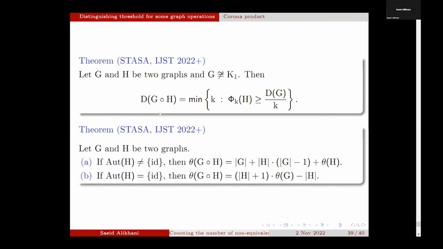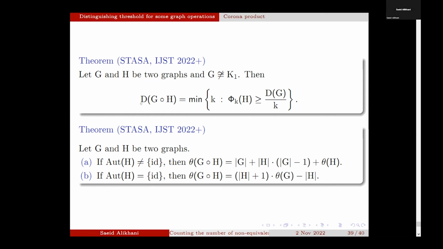We studied the distribution number and distribution index of the corona of graphs about five years ago with my student Samane. But here is another approach that uses the number of non-equivalent distinguishing colorings.